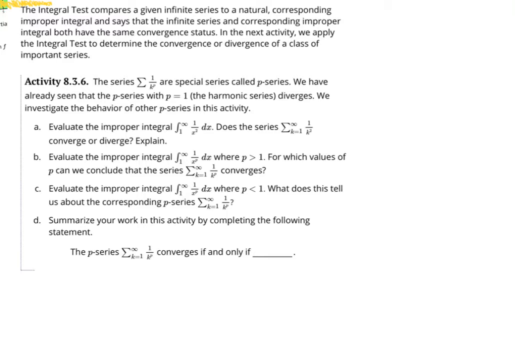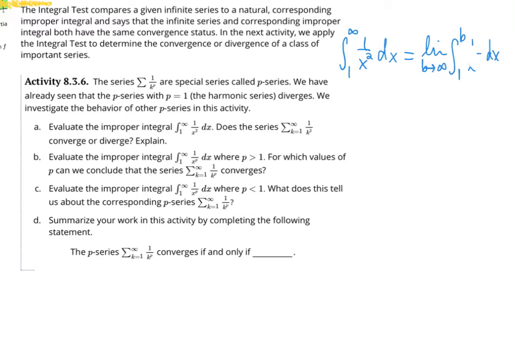So we have: evaluate the improper integral from 1 to infinity of 1 over x squared dx. All right, let's work that out. The integral from 1 to infinity of 1 over x squared dx is the limit as b approaches infinity of the integral from 1 to b of 1 over x squared dx.